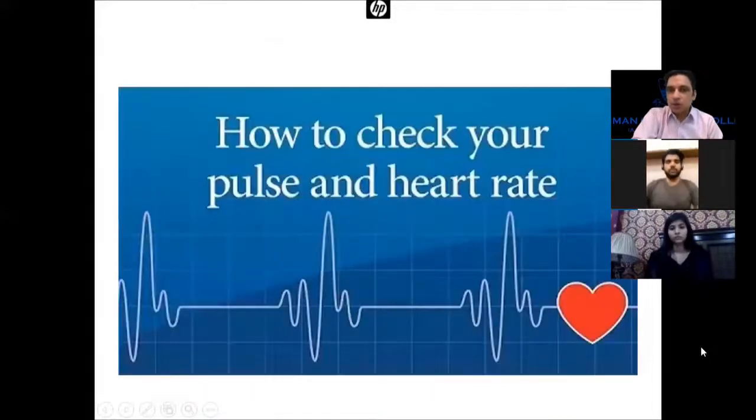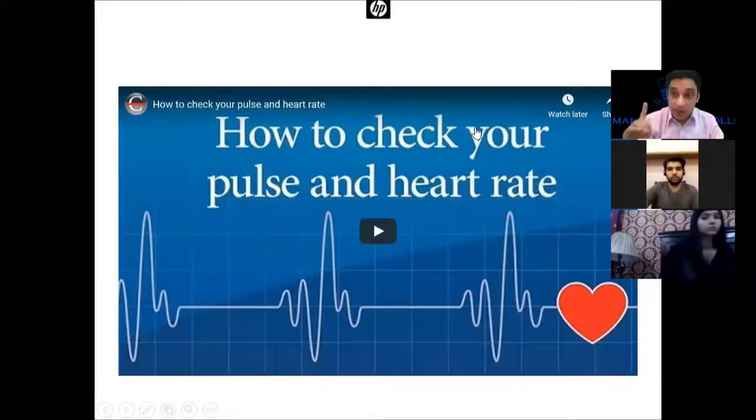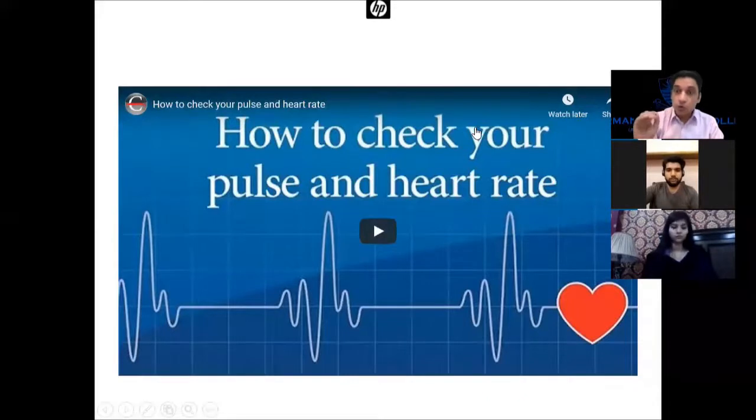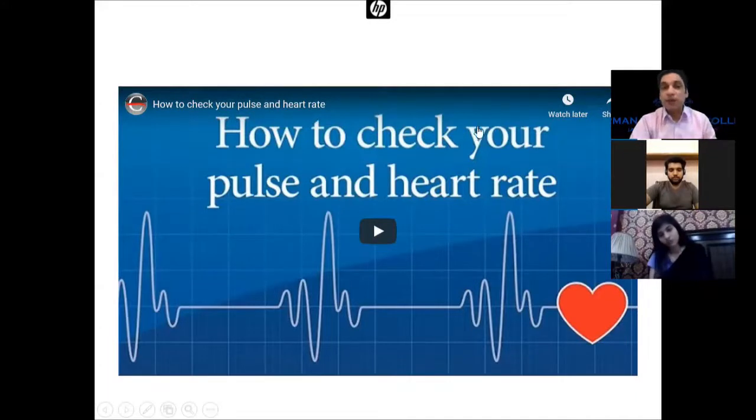Let me take you to the next part, how you can execute your activity. The first thing you need to know is how you can measure your heartbeat. You can measure your heartbeat with the help of any artery which you can sense from outside. You can sense the artery present in your arm, a very famous one.